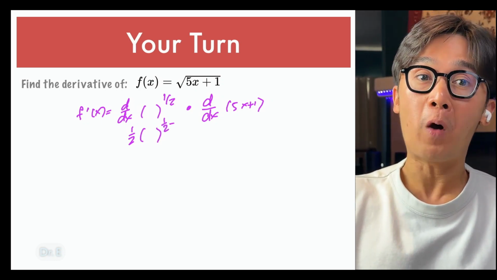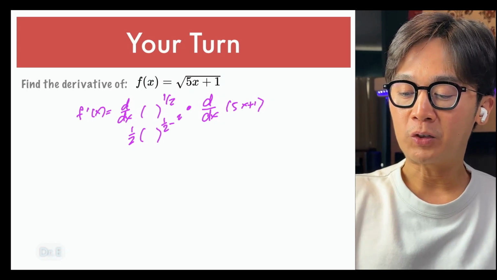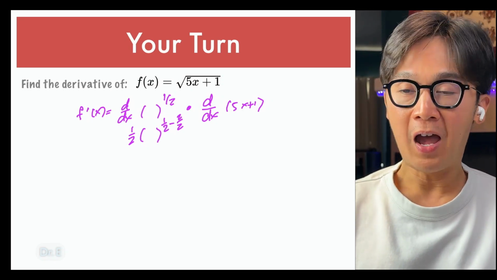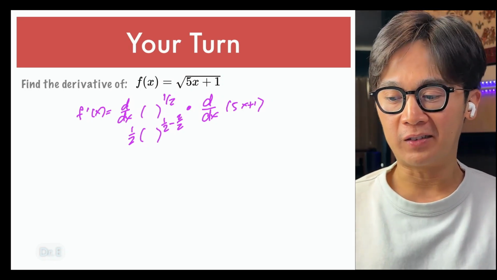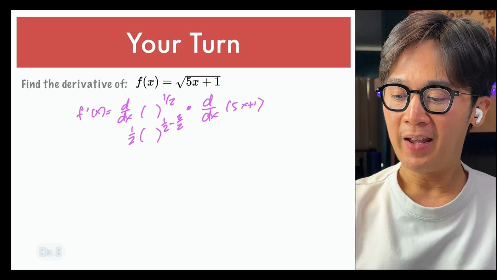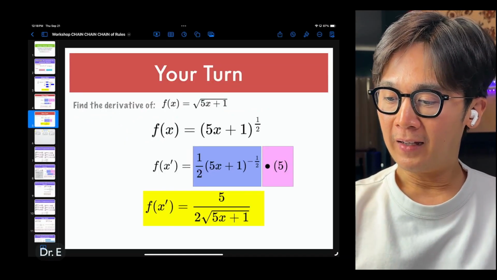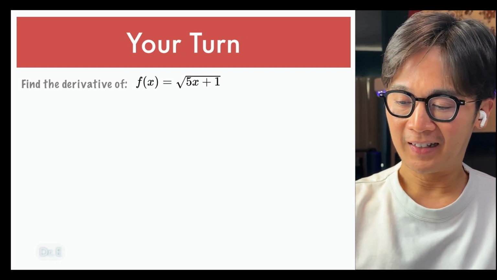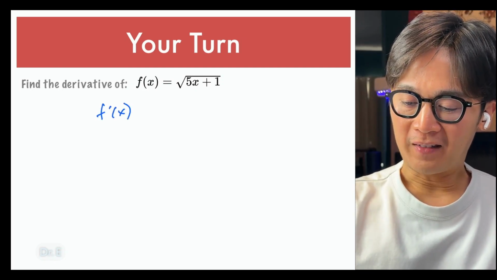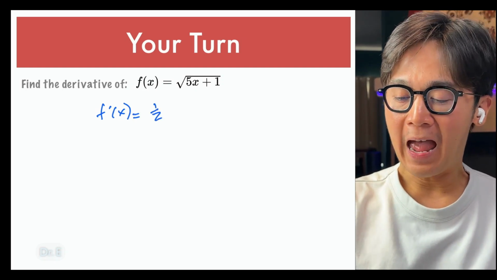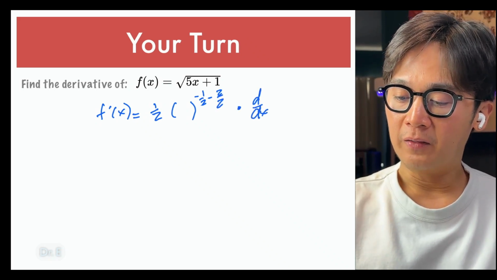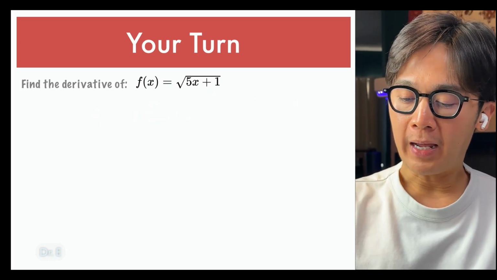To illustrate 1/2 minus 1, I'll write 2 over 2 because we have the same denominator, and it's a lot easier to visualize how 1/2 minus 1 is equal to -1/2. So we have 1/2 to the (1 minus 2) all over 2 times the derivative of 5x plus 1.